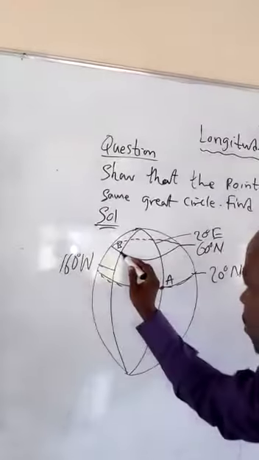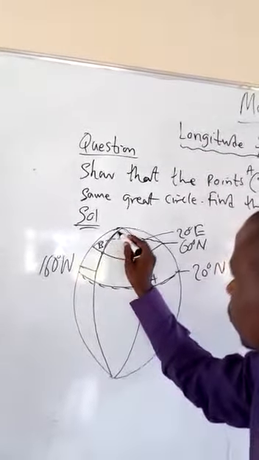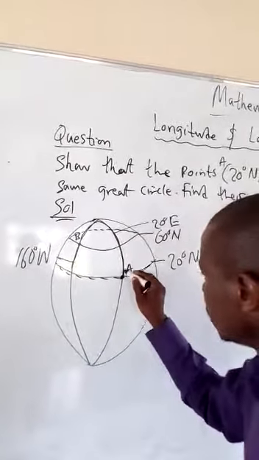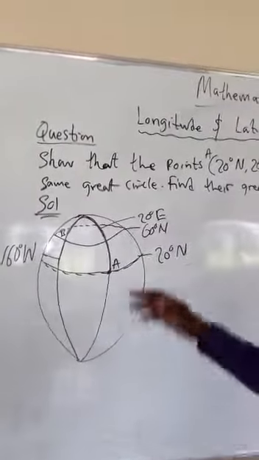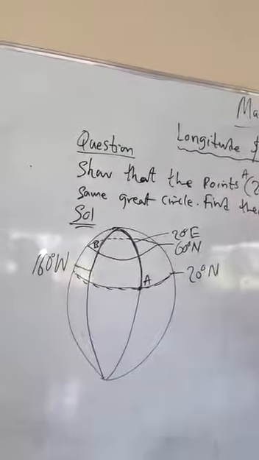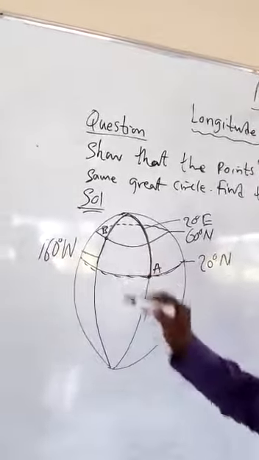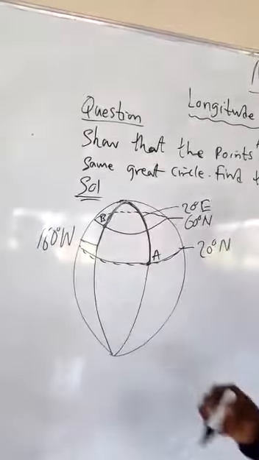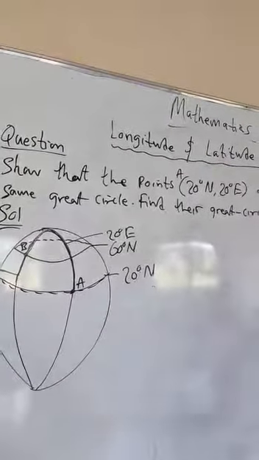So this movement from this place to this place here is the line of longitude that combines point A and point B. So the first thing that is shown now is that since this point A lies here and point B lies here, the distance apart that we are talking about now is from this movement to this movement, and they both lie on the same great circle.